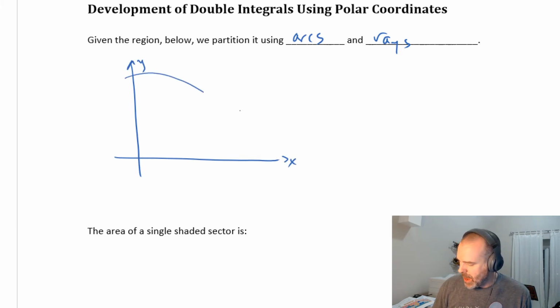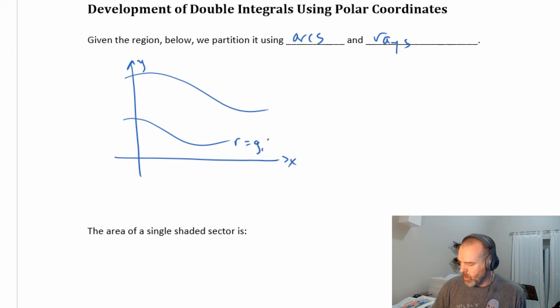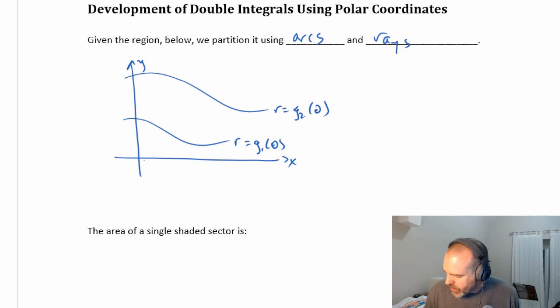We have some outer curve, some inner curve. Call this r equals g1 of theta, that's like an inner function, and then r equals g2 of theta. And then we have two different angles.